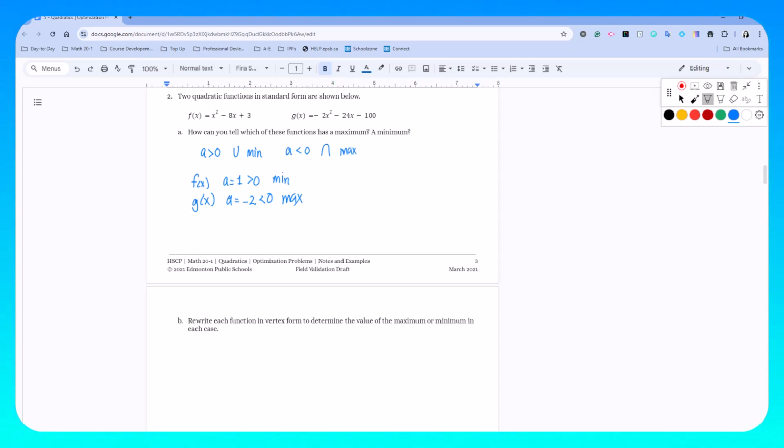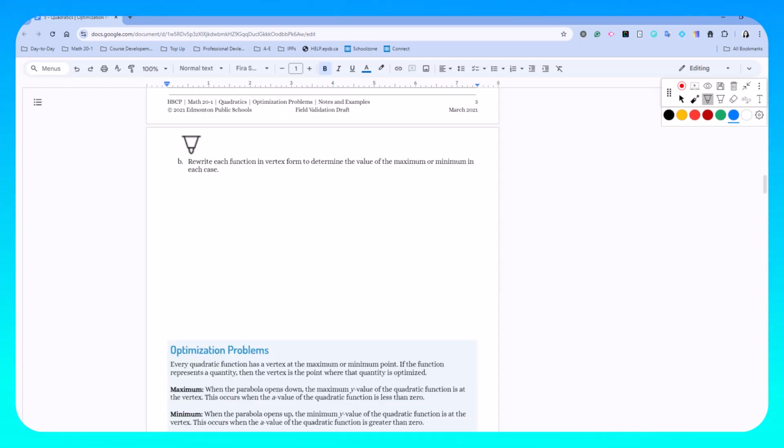So looking down here a little bit, let's scroll down. We're going to start with f of x. Now f of x equals x squared minus 8x plus 3. The first step is we're going to bracket off the first two terms and take out a common factor of a.